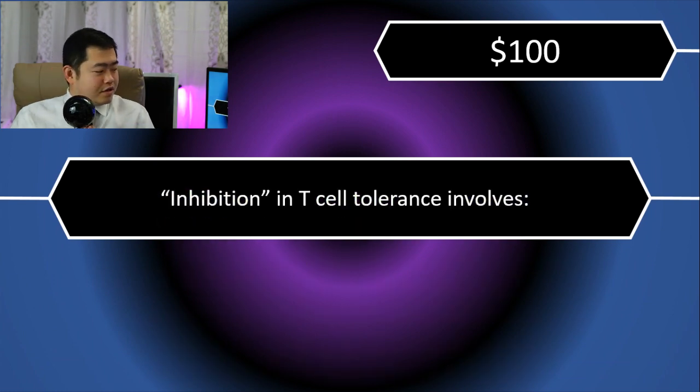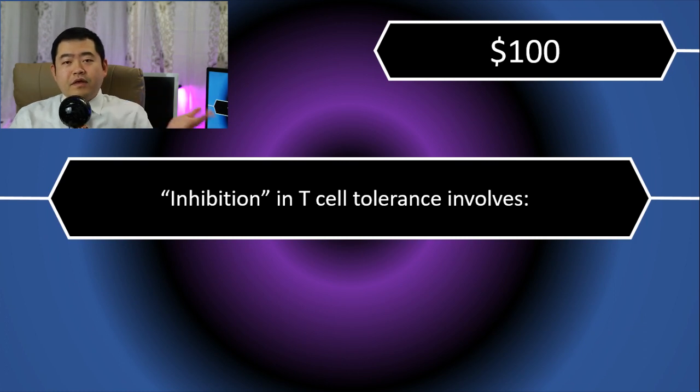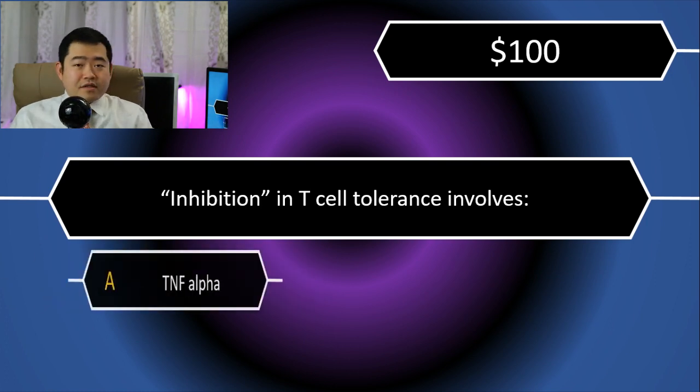$100 question. Inhibition in T-cell tolerance involves, something that we talked about in the past 15-20 minutes. If you want to look up your handout, that's okay. It's that little graph with 5 categories. So, inhibition: what does it involve?